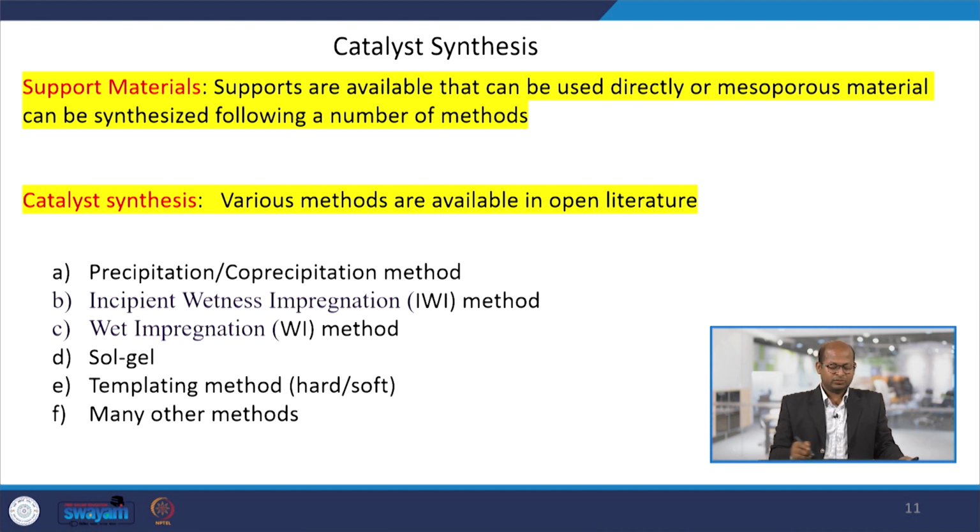Okay. In the supported catalyst, various methods are available: precipitation method, incipient wetness impregnation method, wet impregnation method, sol gel method, templating method, hard templating or soft templating method, and many other methods are also available.